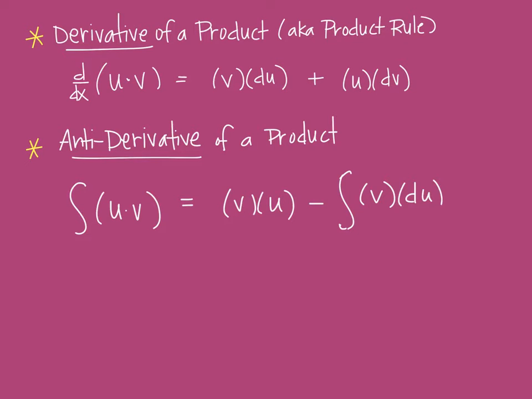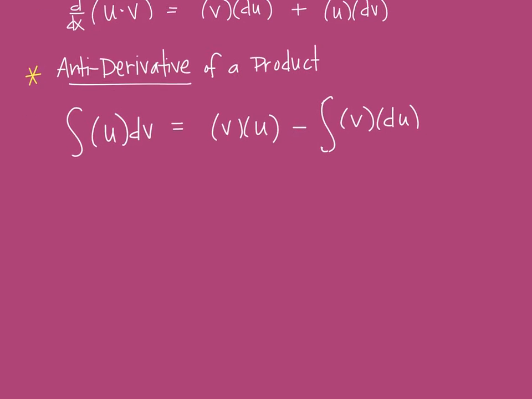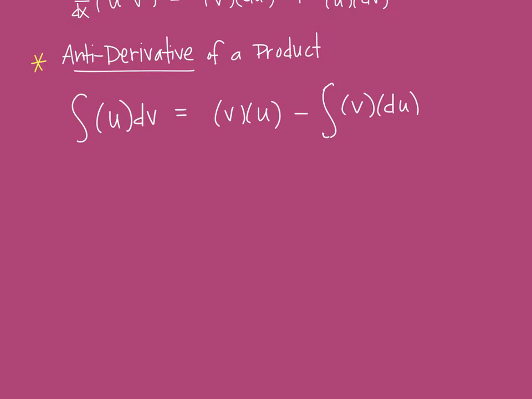Okay, u times v minus the integral of v du. Let me put my parentheses differently so that makes a little bit more sense. There we go. All right, that's the technical way to write it. Let me show you. It's a little easier to show you in an example. And we've got a nice way of organizing it so that it just lines up really nicely for us.